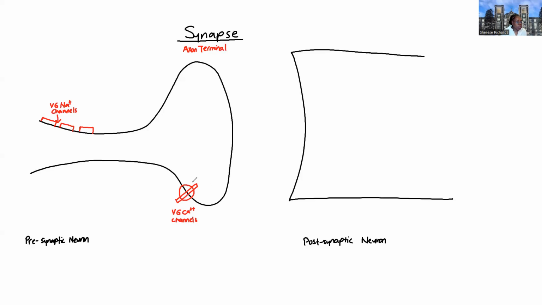We also want to include our neurotransmitter vesicles. In the axon terminal itself, we have these vesicles, and inside of the vesicles, we've got lots of neurotransmitter.